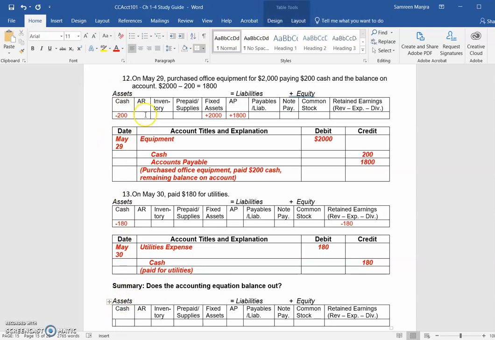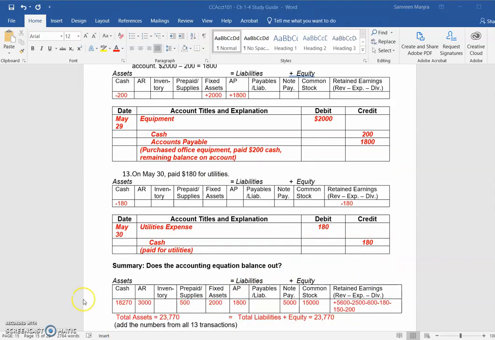Then for accounts receivable, add and subtract all of the numbers from all 13 transactions and include the balance. The same for inventory and all the remainder of the accounts. Then summarize: what is my total assets? Add together all the asset accounts and see if that equals what you have in your liabilities and equity.